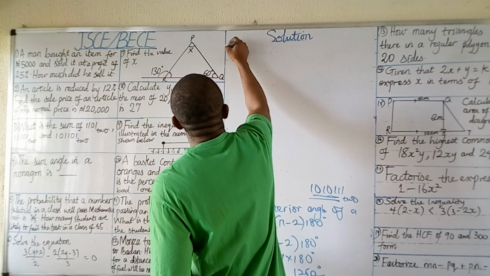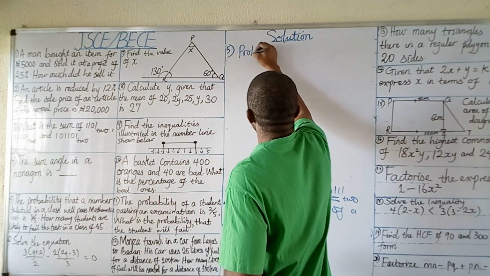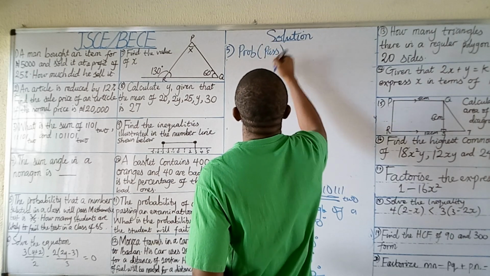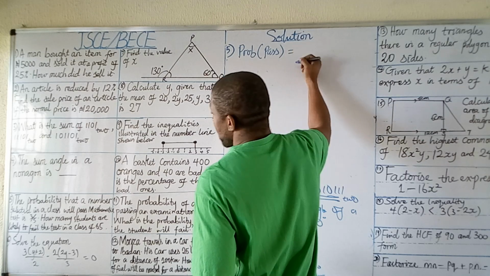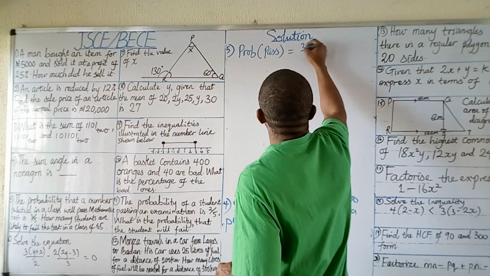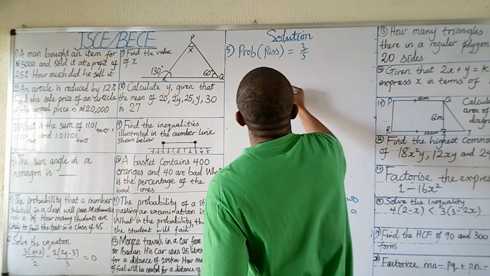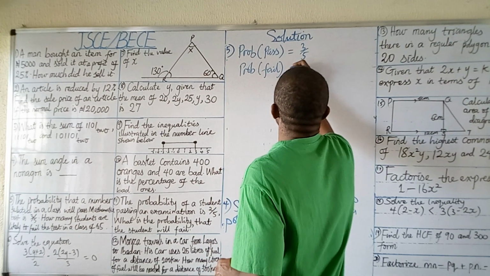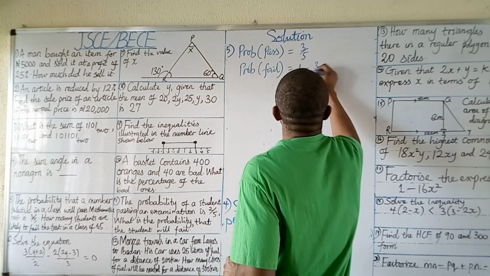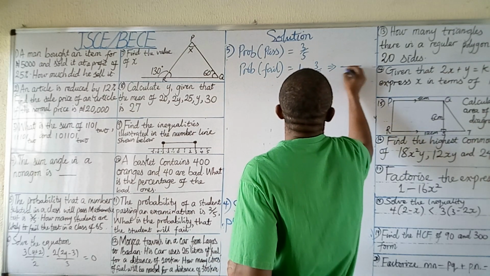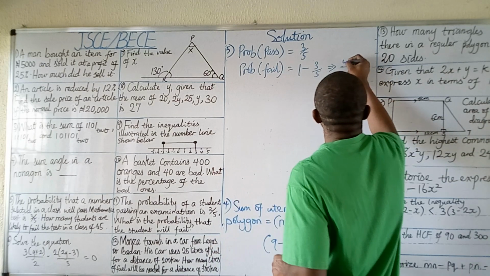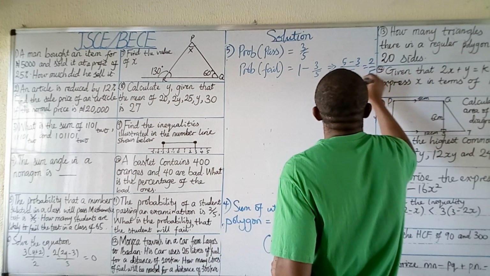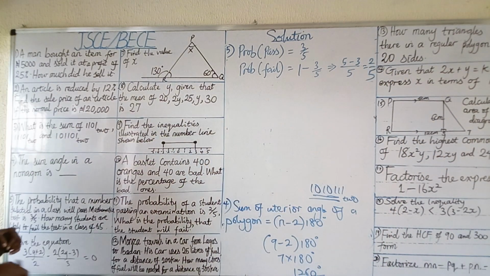Okay, so probability of passing this exam in a class of 65 happens to be 3 out of 5. Alright. Then probability of failing will give us 1 minus 3 out of 5, which becomes, LCD here is 5, 1 times 5 is 5, 5 minus 3, that becomes what? 2 out of 5. So probability of failing is 2 out of 5.